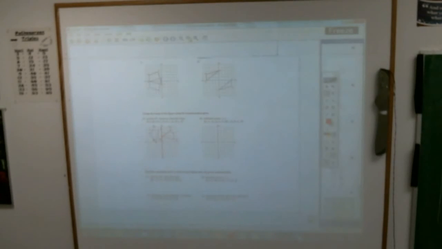14, 2,457. 15, $12.07. 16 is 4/5. 17, 515. 18, 4/5.